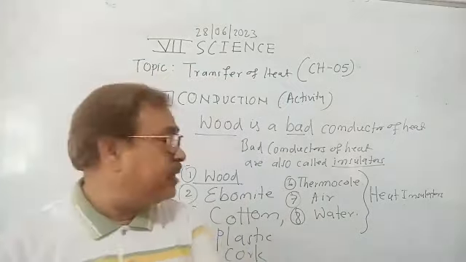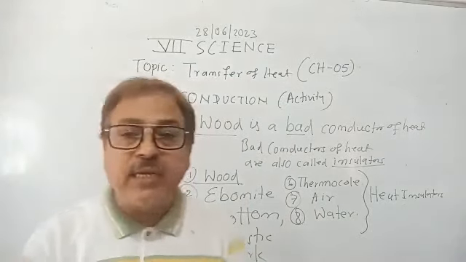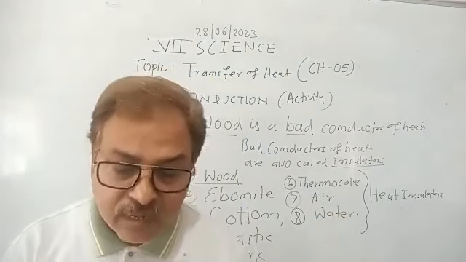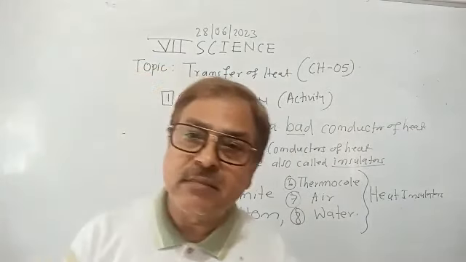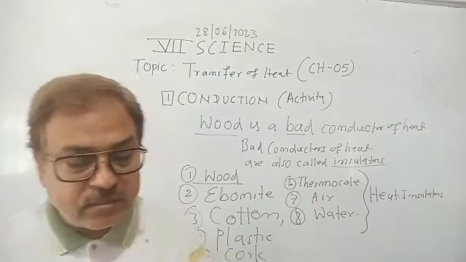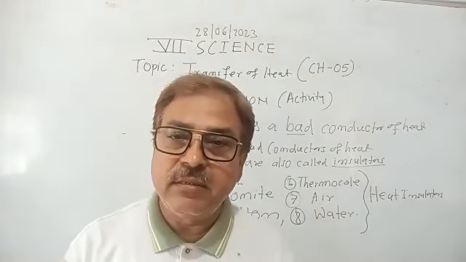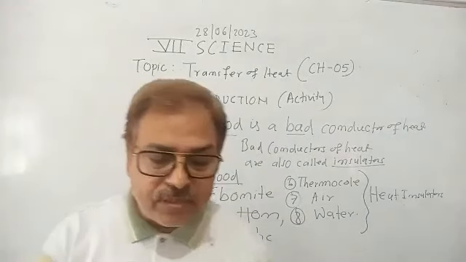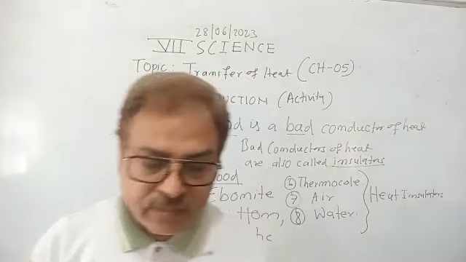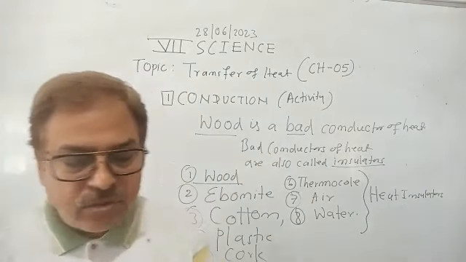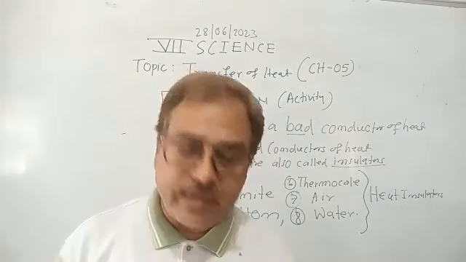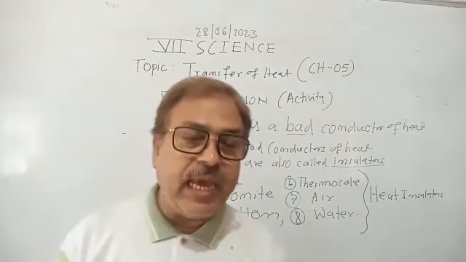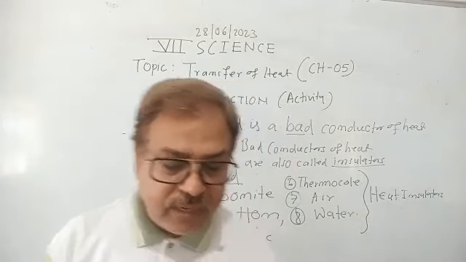Here is another example of heat insulators, meaning bad conductors of heat: blankets, woolen cloths, and quilts. Blankets, woolen cloths, and quilts help us stay warmer in winter. All make use of the bad conductivity of air. They trap a layer of air between themselves and our body.